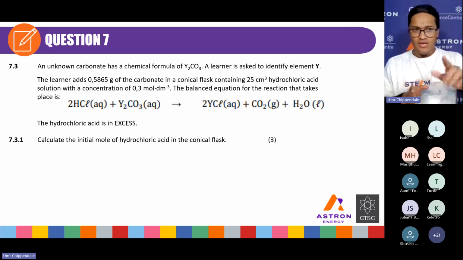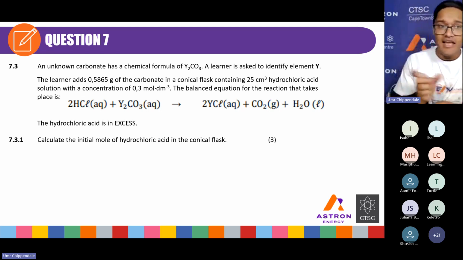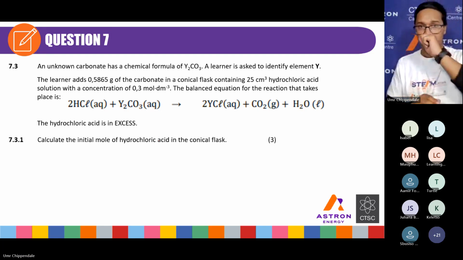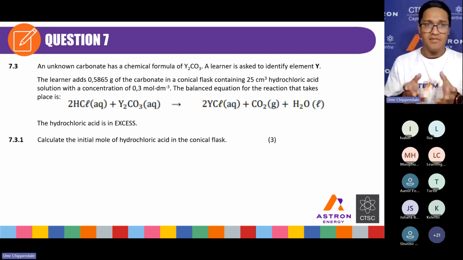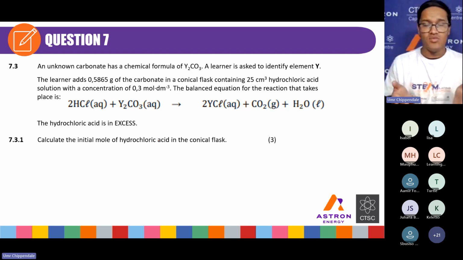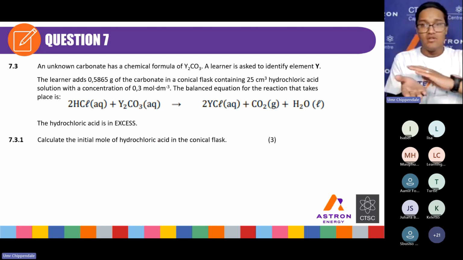So there we know, if they tell us that, that means the other reactant is going to be our limiting reagent, the part that's stopping us from making more product. Think about limiting reagents in everyday life. Let's say you want to make a sandwich and you need 2 slices of bread and 1 slice of cheese.